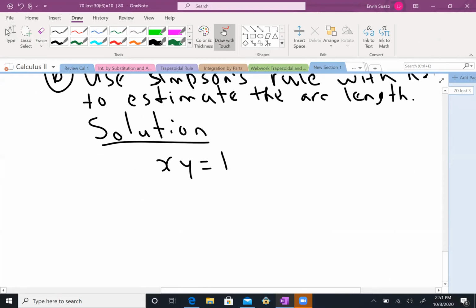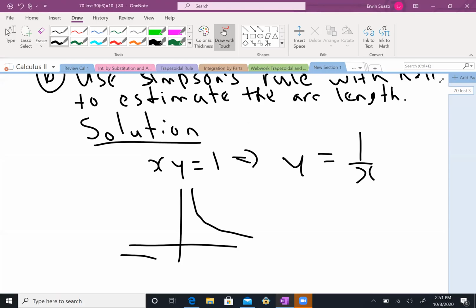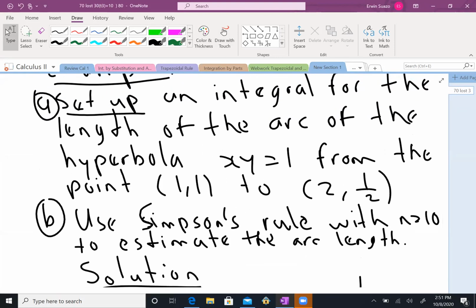So this is y equals 1 over x. This function looks like this. So we need to go from (1, 1) to (2, 1/2).